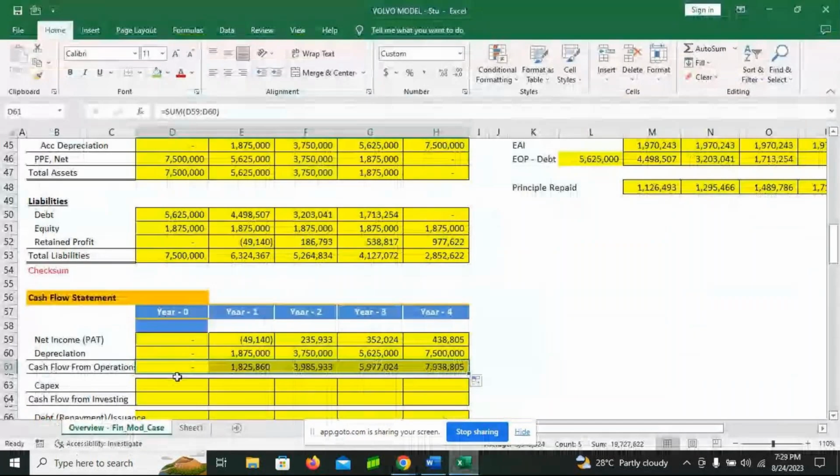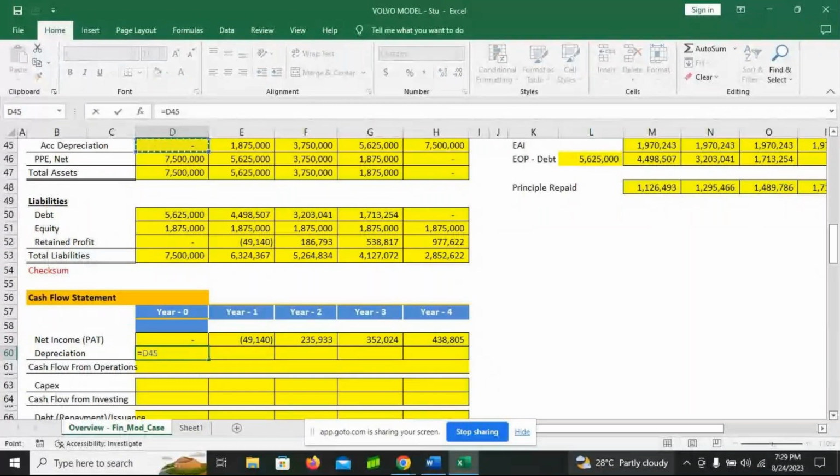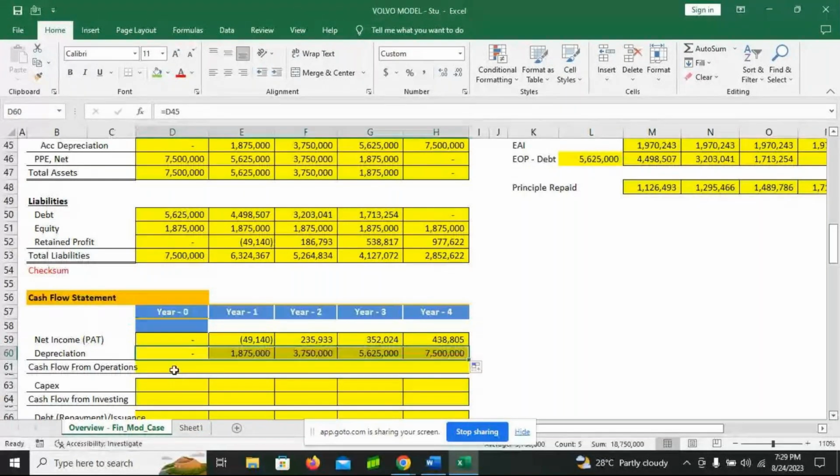So depreciation, from here I'll show. I think it did not get recorded. So depreciation will be D45, that is my accumulated depreciation. I'm going to drag it. Cash flow from operations equals the sum of profit after tax and depreciation.